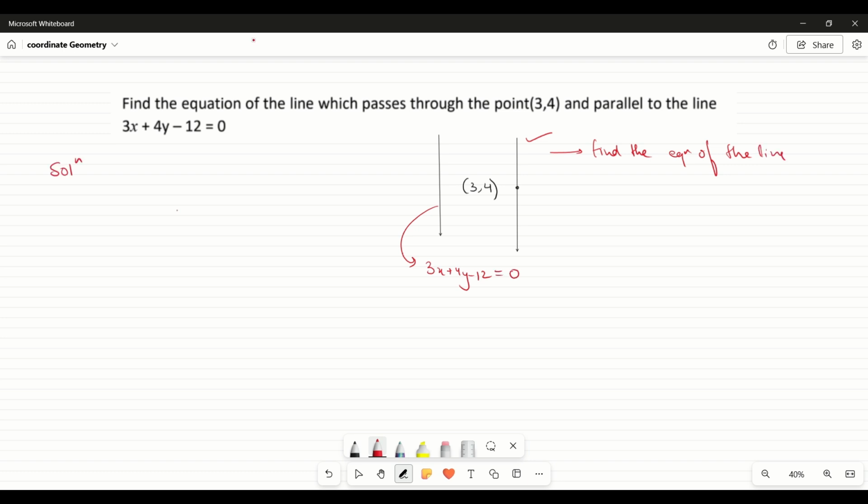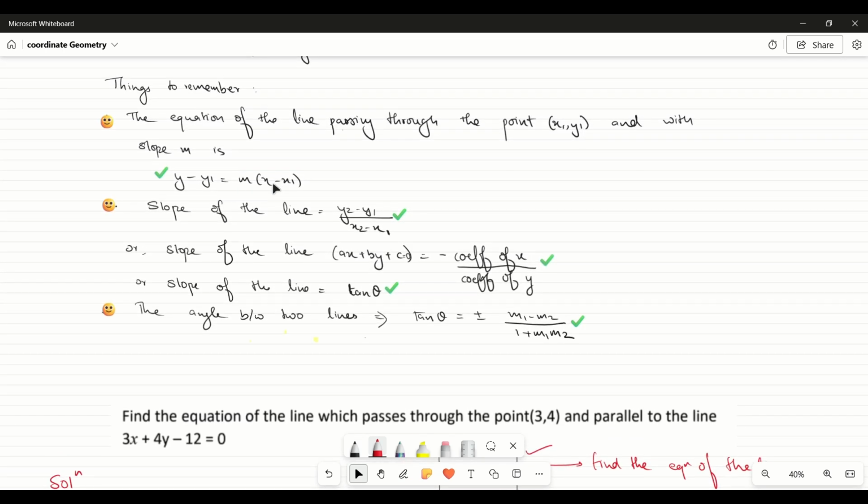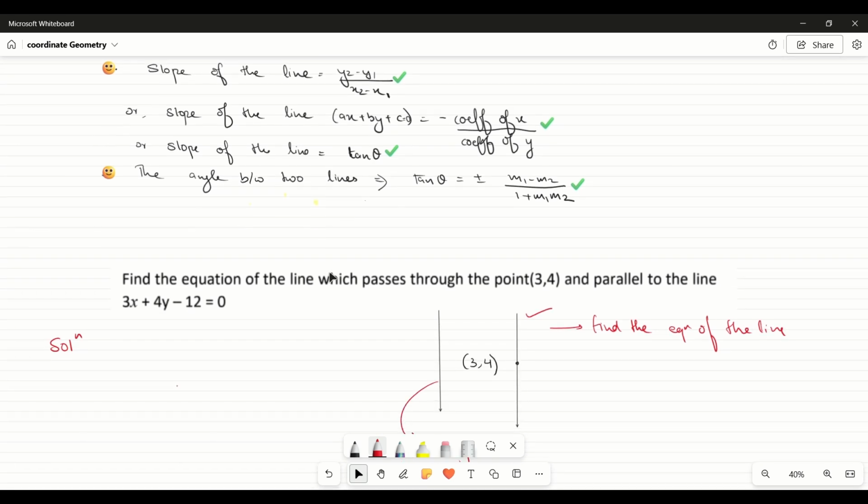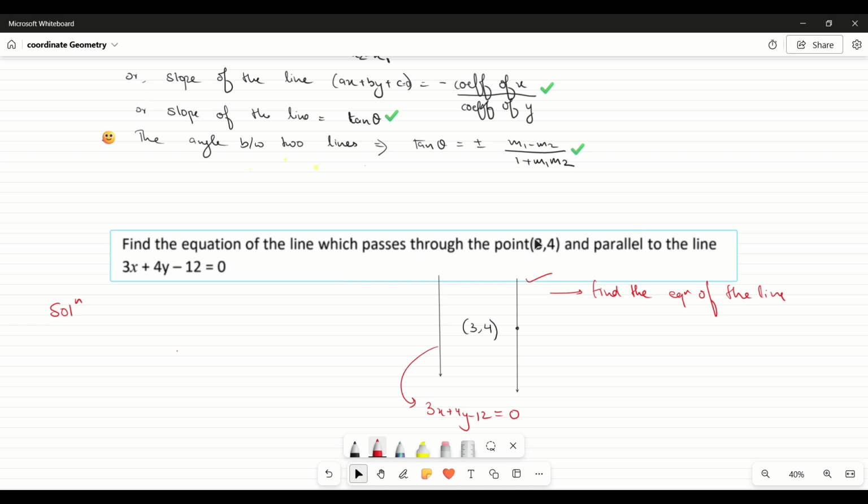Now, how do we find the equation of a line? If you remember, I gave you the formula: y minus y1 equals m times (x minus x1), where m is the slope and (x1, y1) is a point, basically the coordinates of a point through which the line passes.